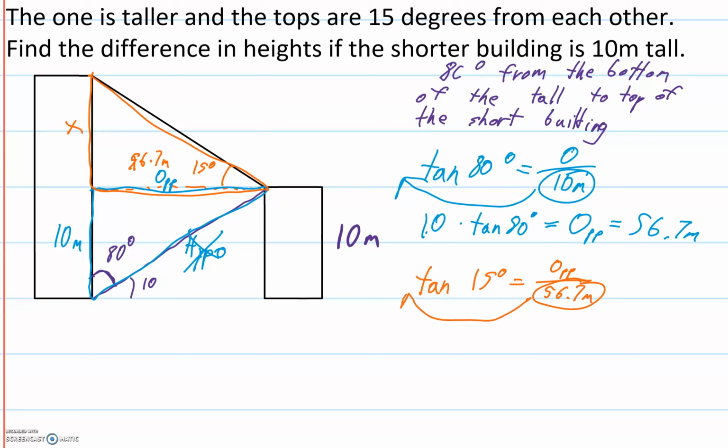That's going to come over to this side. So 56.7 times tan of 15 degrees equals opposite. And if we type that in, times by tan 15, we get an answer of 15.2 meters. So what's the difference in height? 15.2 meters.